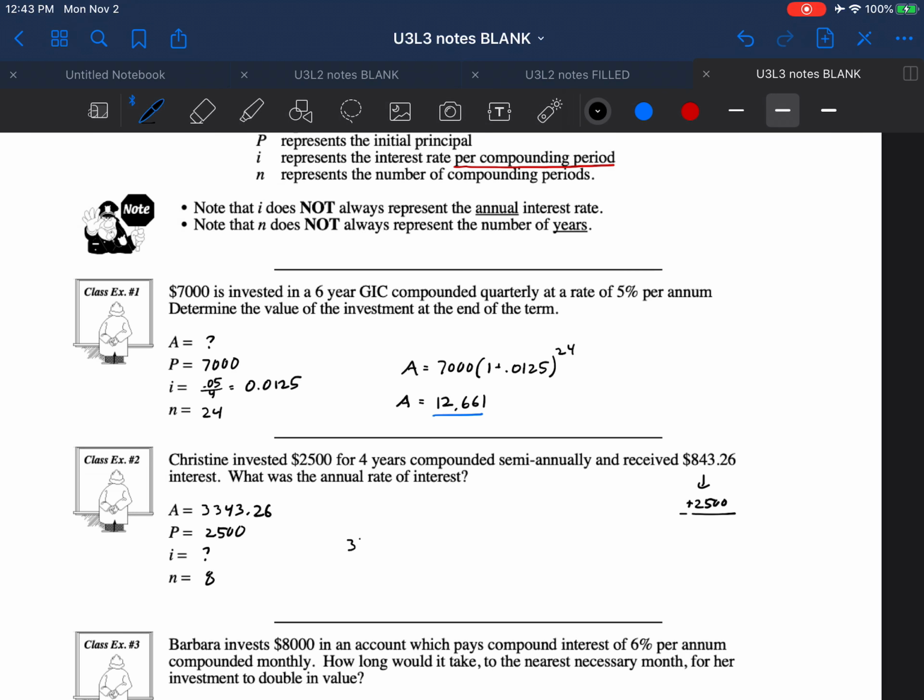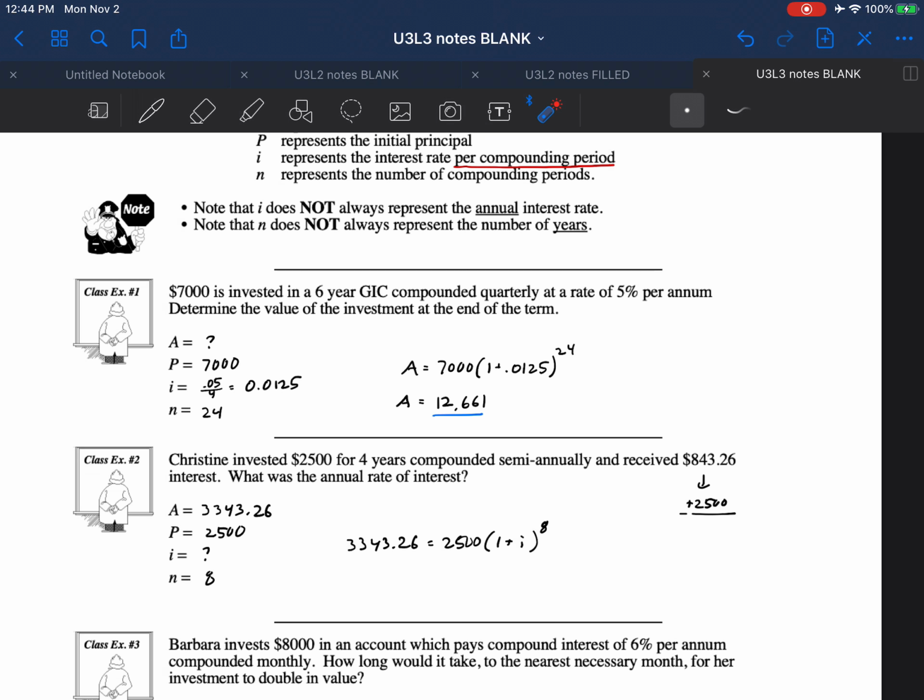I'm just going to put this equation into the calculator and use NSolve. A really cool feature of the calculator is that we don't have to isolate I. We can just put this in and use NSolve.